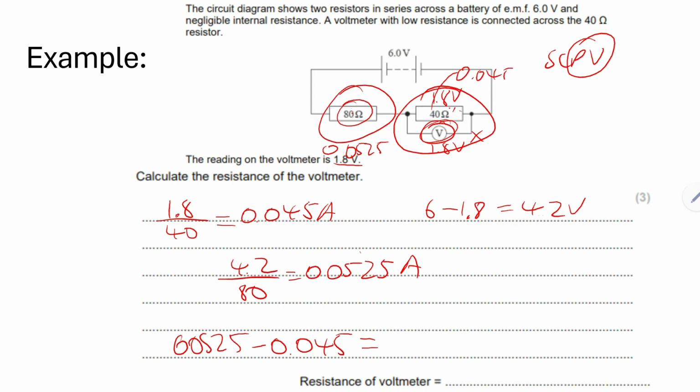So overall, the equation would be 0.045 plus X, which we don't know, equals 0.0525. And so we just rearrange it to find X, which is what we're doing over here.